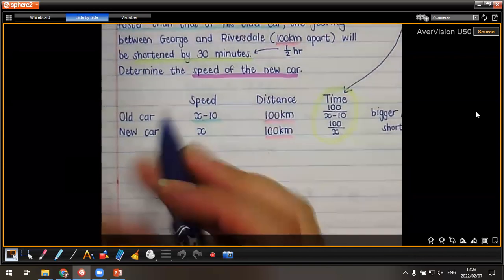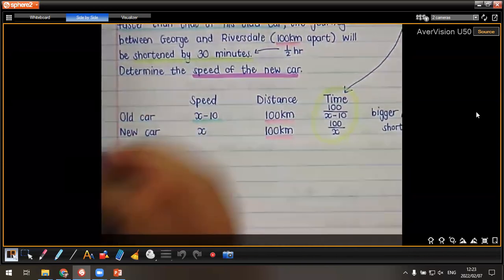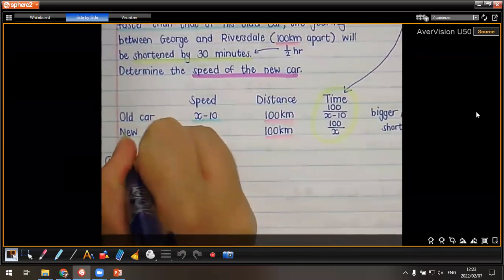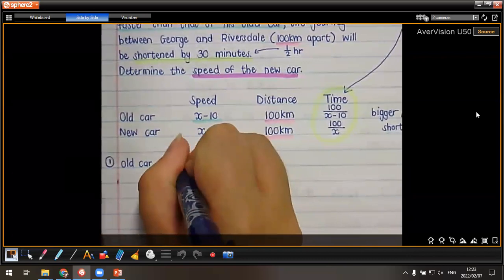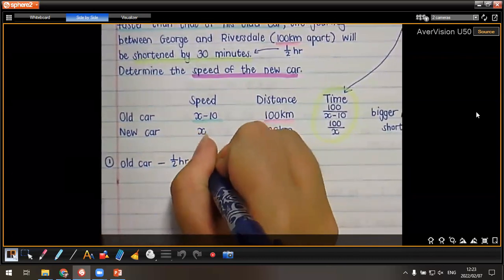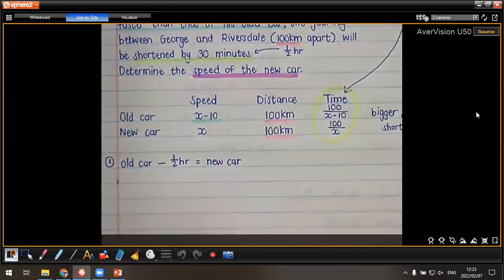So this will be option 1, you can do old car minus half an hour will be equal to the time of the new car. Right, does that make sense? So say you take 2.5 hours when you're driving in the old car, but when you're driving in the new car, it only takes 2 hours. Right? So the time of the old car minus half an hour is the time of the new car.